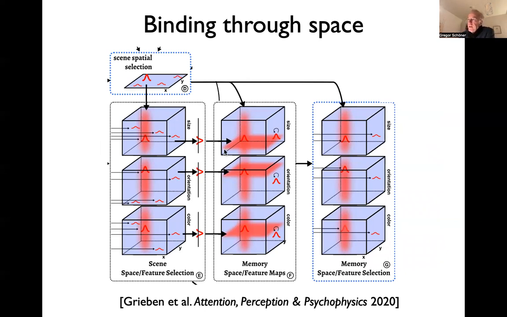Essentially the idea is if you know the spatial location of an object, and you know its feature values in some way, you can create the bound version of that by just making a column input at the right spatial location and a slice input in 3D at the feature location.